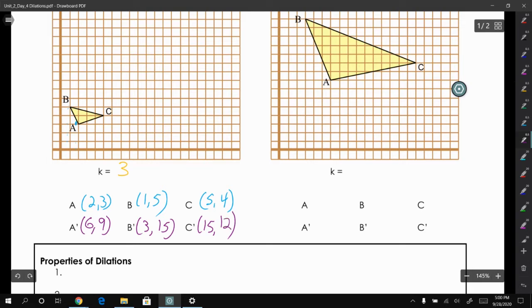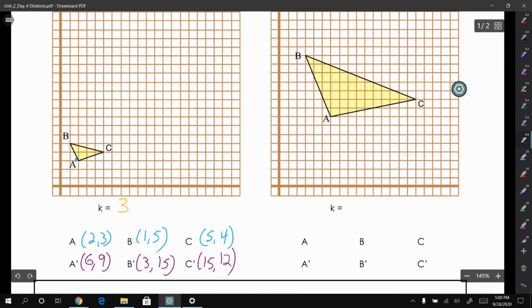So then we're going to plot those points. So 6, 9, and count over. So that's A prime. B prime is at 3, 15.